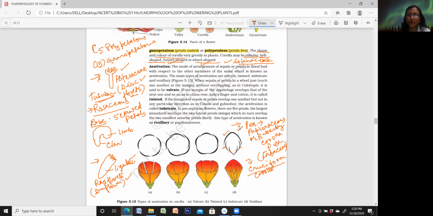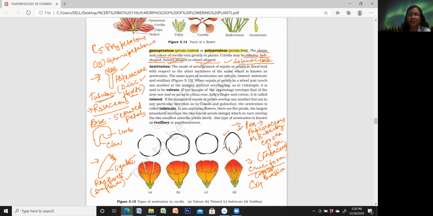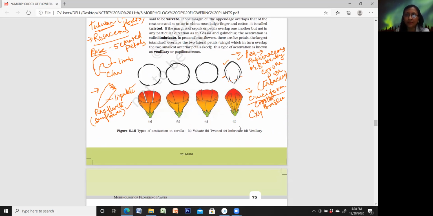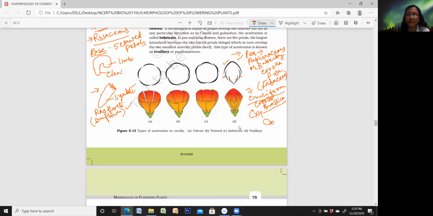Cruciform corolla, which we write as C cross 4, is the corolla of Brassica, mustard. So by this time, you know that Brassica is mustard. How cruciform corolla looks, just now I was drawing for aestivation, actinomorphic. There are 4 petals arranged in the form of a cross.